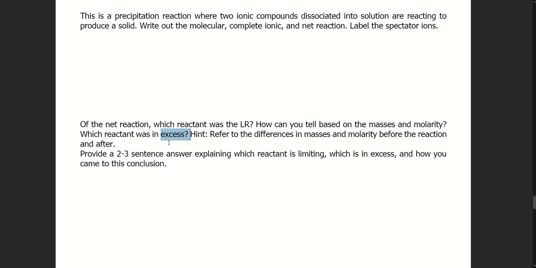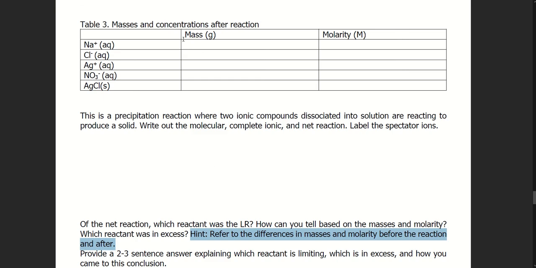Now, major hint that I really want to point out and emphasize in this video, to determine the limiting reactant, sorry, whenever I stumble, I just get tongue-tied sometimes. But anyway, for the hint, to determine the limiting reactant, I really want you to look at the masses or molarities. You can look at both. And what you're going to notice is that after the reaction happens, one of these 4 ions is very, very low.